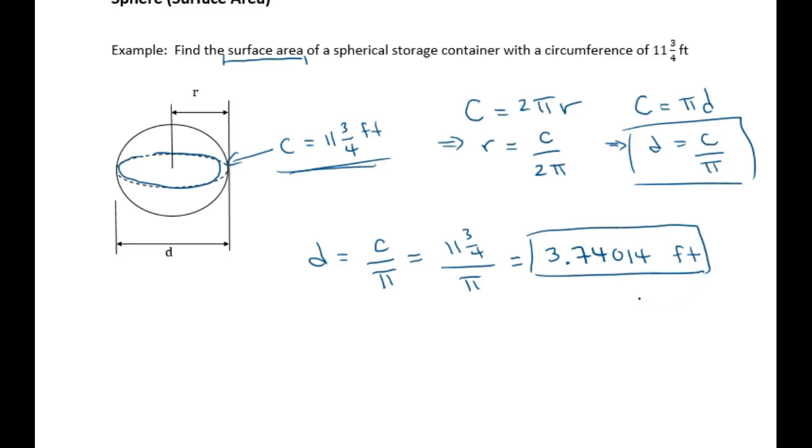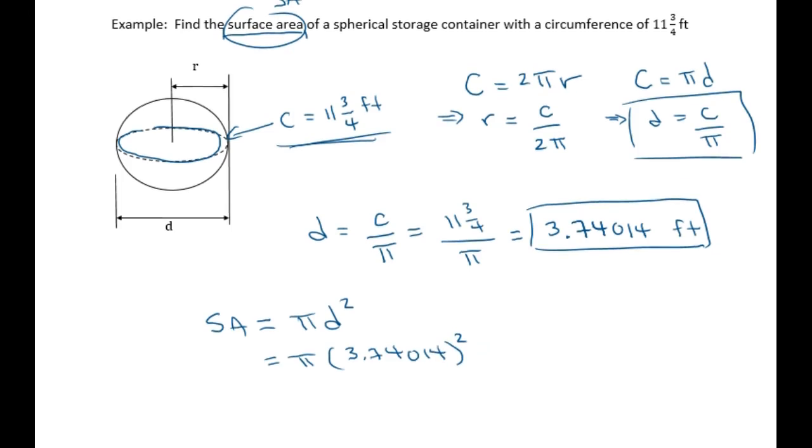So that's going to be my diameter, and I'm partway there. I'm going to use that diameter in my surface area formula. If you found radius, you can use the radius version. If you found diameter, which is what I did, I'm going to use the diameter version. So surface area, or TSA, or just SA, of a sphere is pi diameter squared. So pi, my diameter I just found from my circumference to be 3.74014, and I'm going to square that.